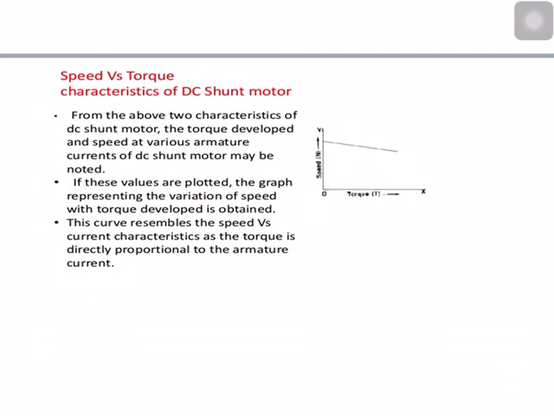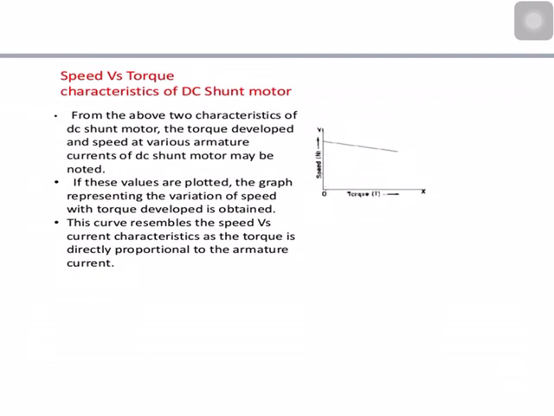So from the above two characteristics, that is, torque versus armature current and speed versus armature current, the torque developed and speed at various armature currents of a DC shunt motor may be noted.